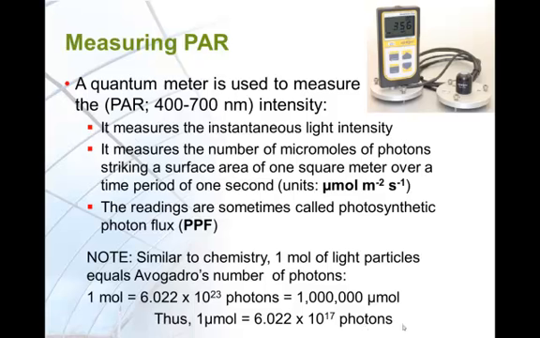And this understanding is very important when you need to convert a photon-based unit to an energy-based unit using the equation previously shown, how much energy is contained per photon at that given wavelength.